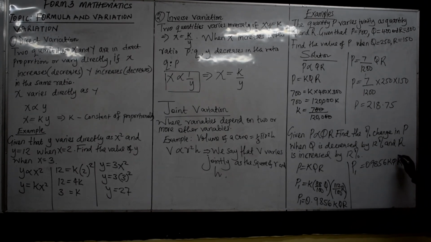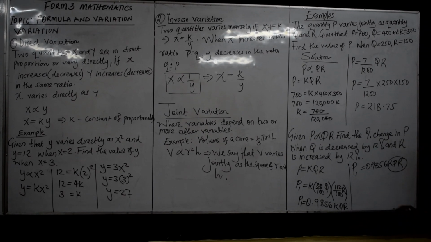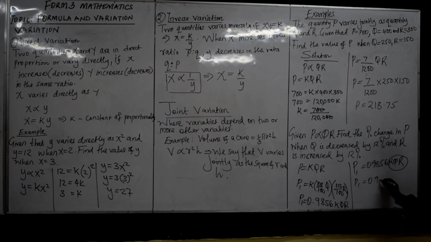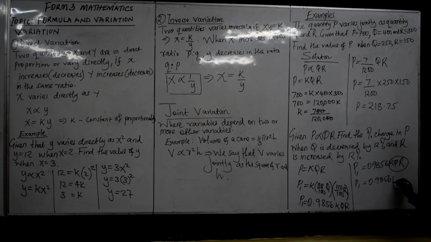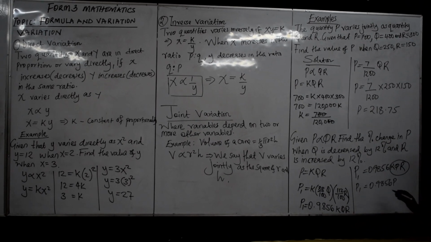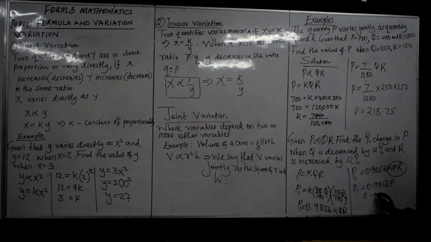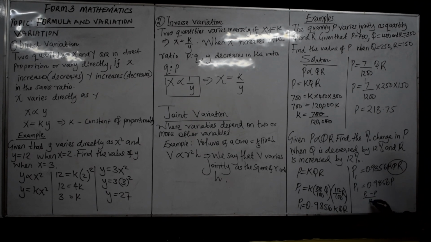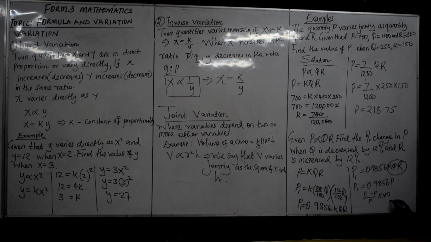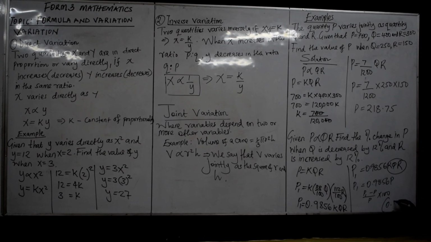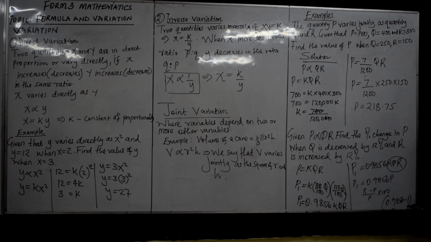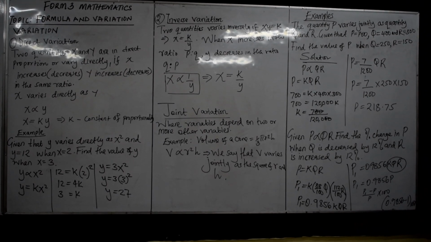So KQR is the same as P, so we can say P1 is equal to 0.9856 P. So percent change, the new P, P1 minus the old P over P times 100, will give us 0.9856 minus 1 times 100.